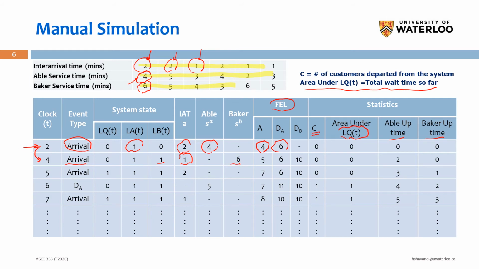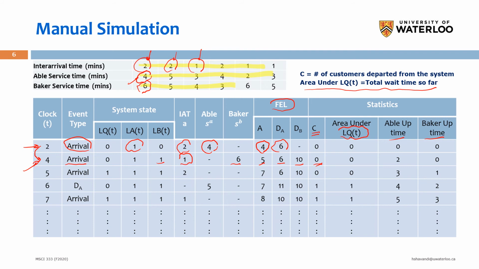So the next arrival will be at time 5. We know that the departure of Able has been scheduled before for time 6, and departure from Baker now is scheduled for time 10. So the current time is 4, the service time is 6, so 4 plus 6 becomes 10, right?